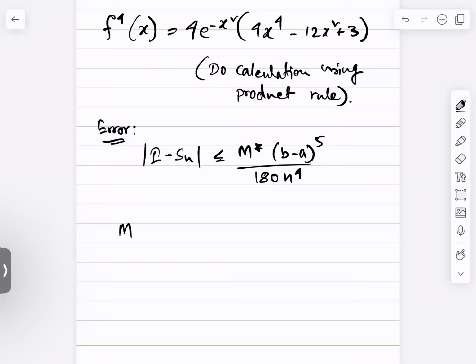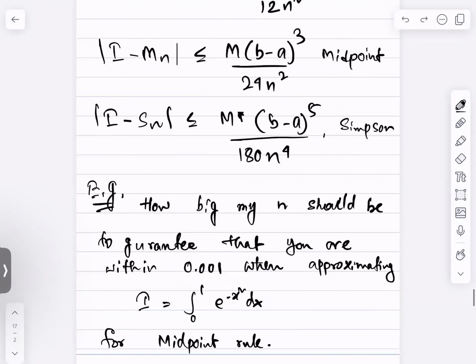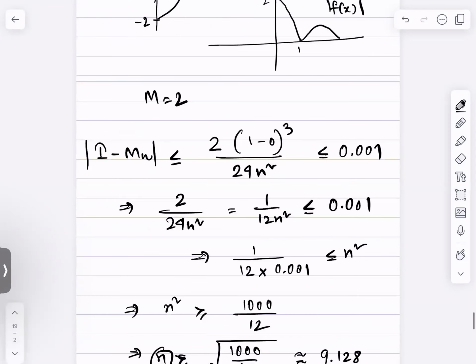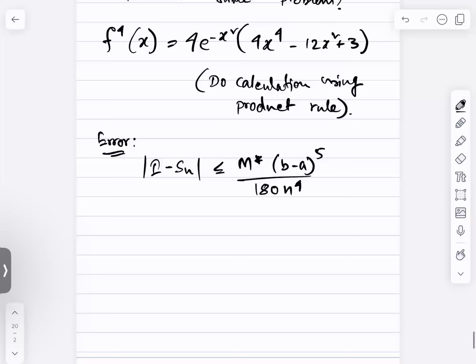Remember, M star was, try it again. M star was the maximum value of the modulus of the fourth derivative of f with respect to x, and you have to find the max in the range a to b. So I see that the fourth derivative of f is this.